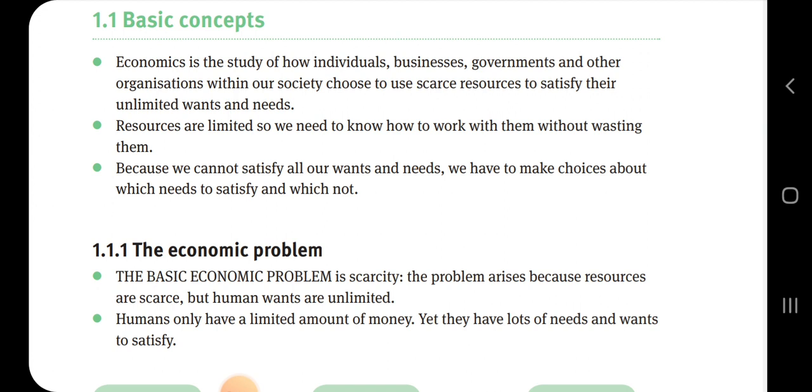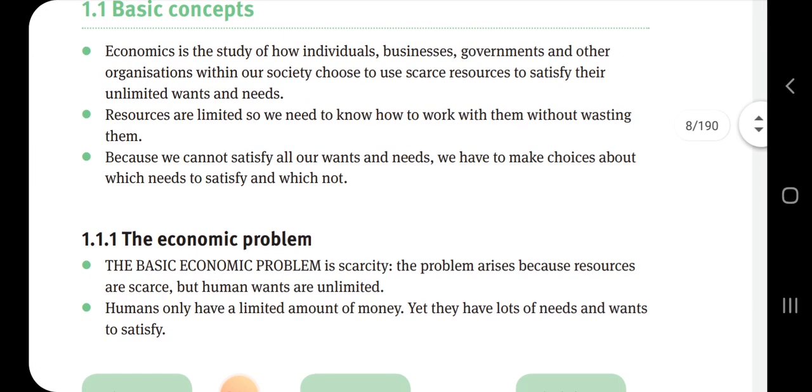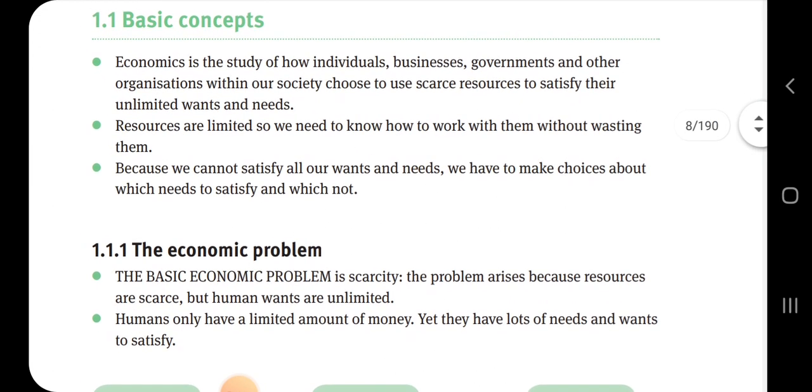People have unlimited needs and wants, and these needs and wants have to be satisfied. Let's look at land in South Africa, or what can be produced. We cannot produce enough in a country to satisfy our unlimited needs and wants. Let's talk about maize, for instance.